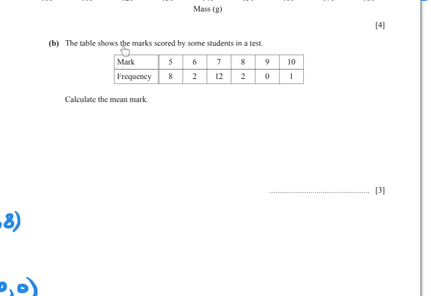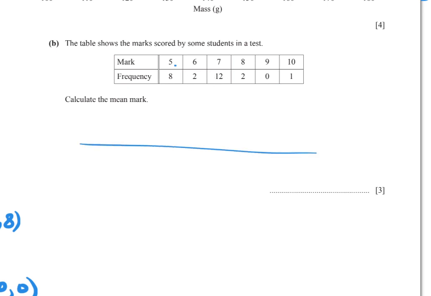B. The table shows the marks scored by some students in a test. Calculate the mean mark. To find the mean mark, you need to find the sum of values divided by their number. So multiply each mark by its frequency: 5 times 8, 6 times 2, 7 times 12. Then divide by the total frequencies.